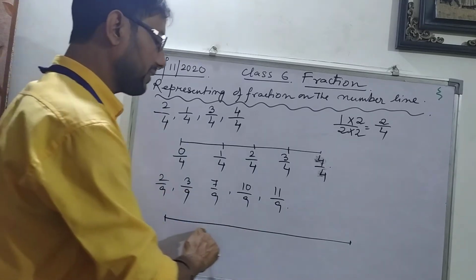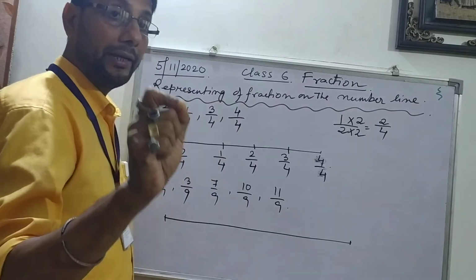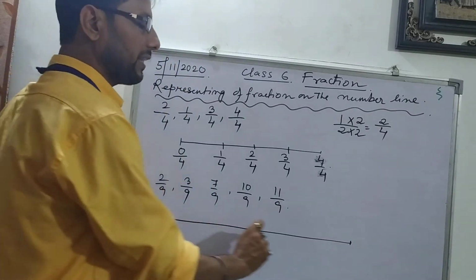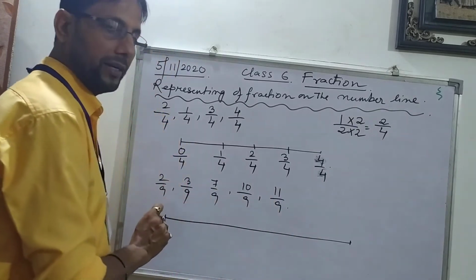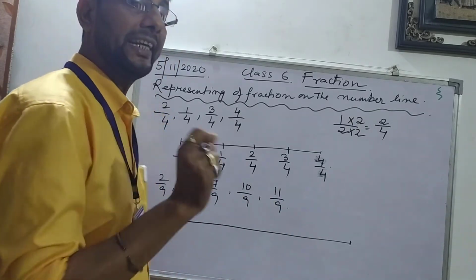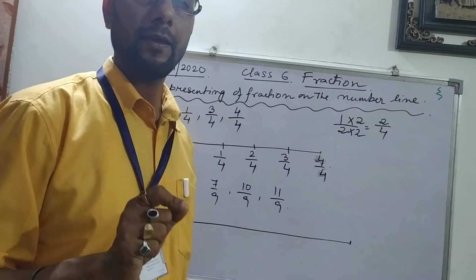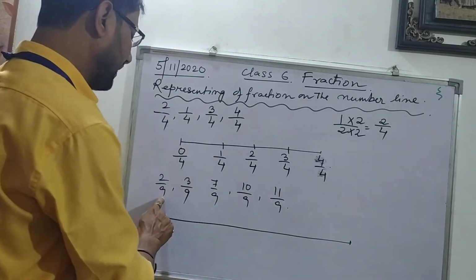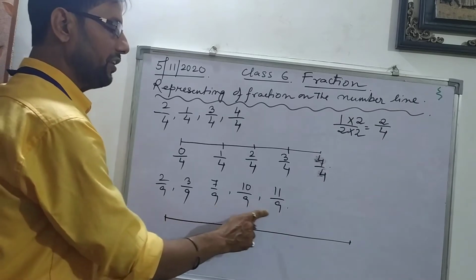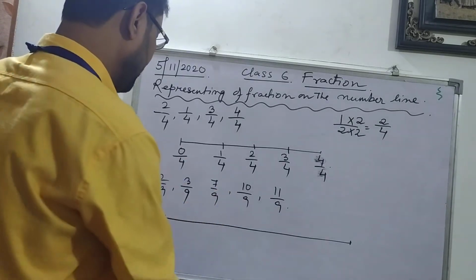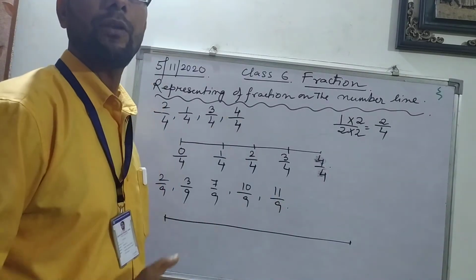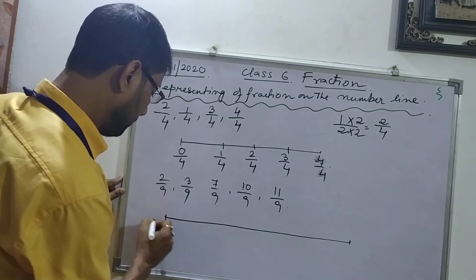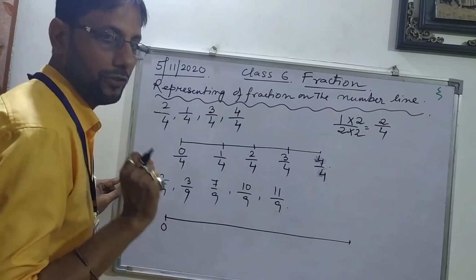I will divide this line into 9 equal parts. In how many parts I should divide the line depends upon the denominator. Since here it is 9, I will divide this line in 9 equal parts. So 0, we always start with 0, that's why I give 0.